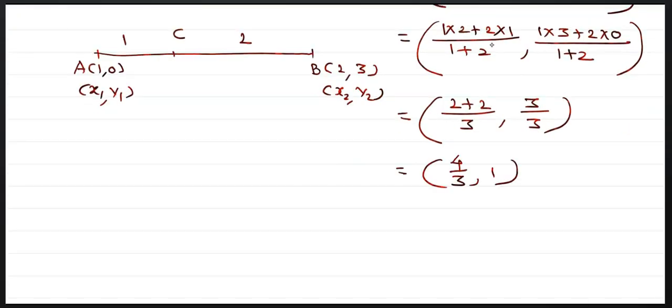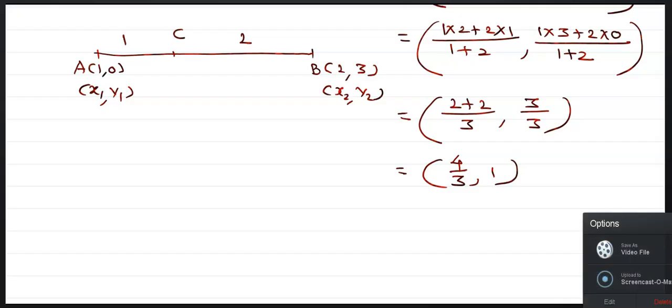That is 4 upon 3, 3 upon 3, that is (4 upon 3, 1). This is the coordinate of the point C.